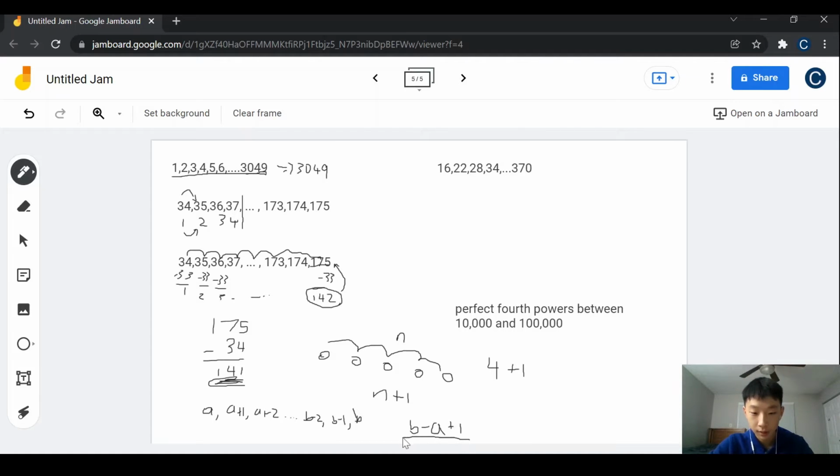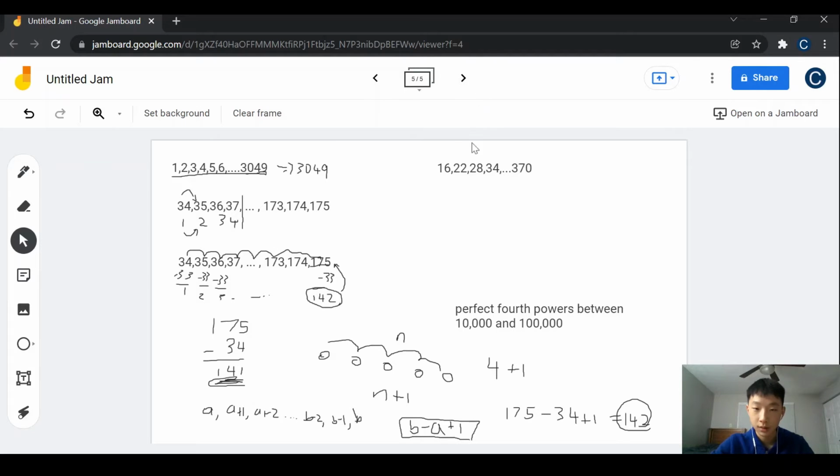And this is a very convenient formula to calculate the number of elements in a list like this. So we can try it out. If we just plug the numbers in, we get 175 for b, 34 for a, and then have to remember to add 1, and then if we calculate it, we still get 142.